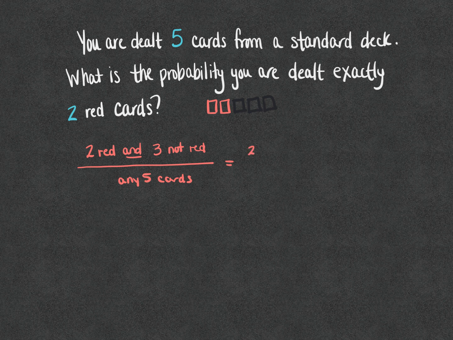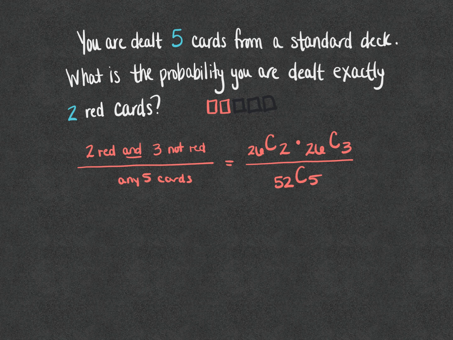So there are 26 red cards. We are going to choose 2 of them that will be in our hand, and times there are 26 black cards or not red cards. We will be selecting 3 of them to put in our hand. And then the denominator is, out of the deck of 52 cards, I am choosing 5 of them to put in my hand.